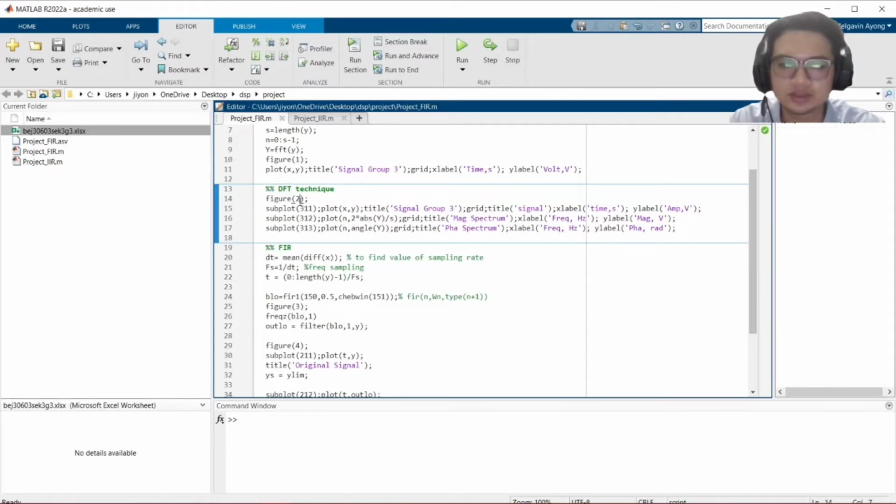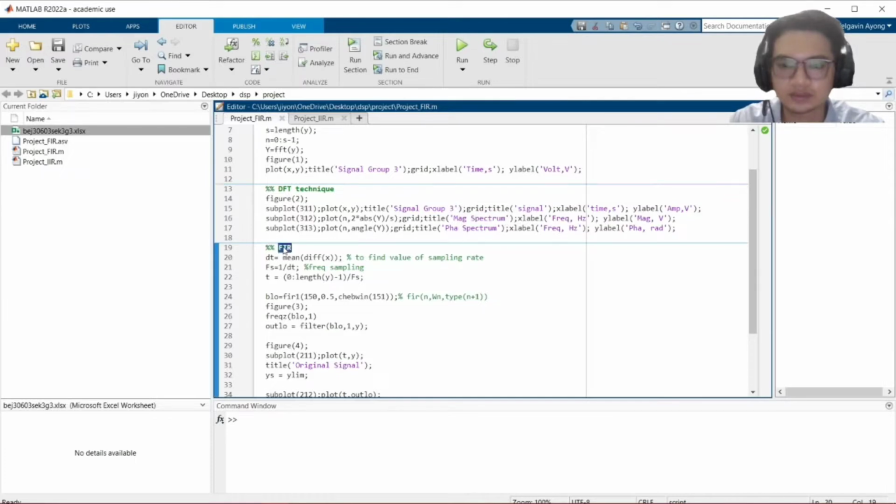For the DFT, which is the discrete Fourier transform technique, Figure 2 is basically just the discrete Fourier transform. We subplot it, and we put the original signal at the top, and then the magnitude spectrum.